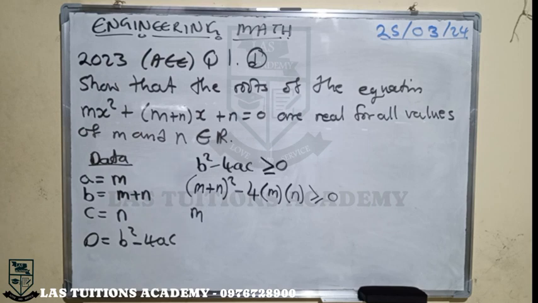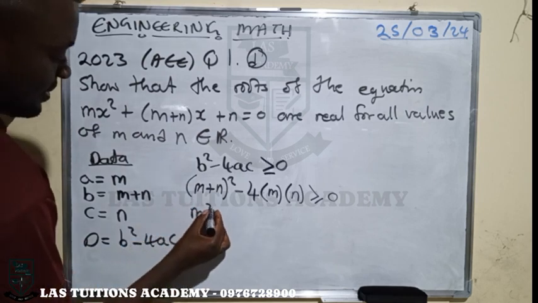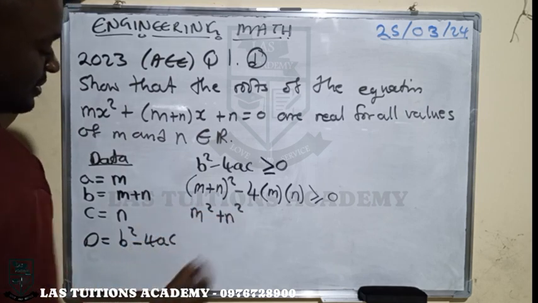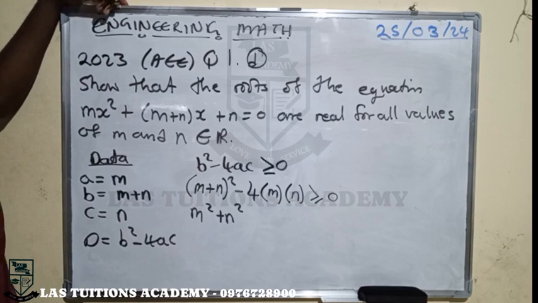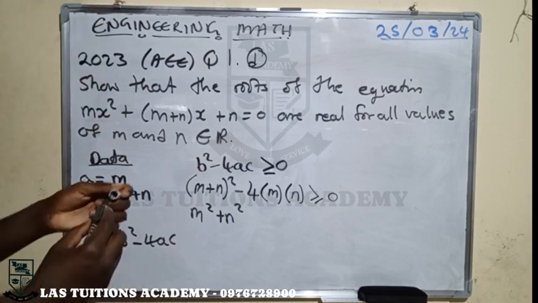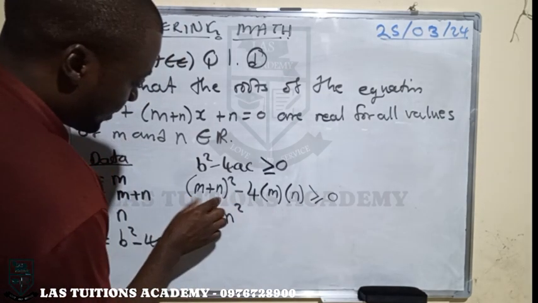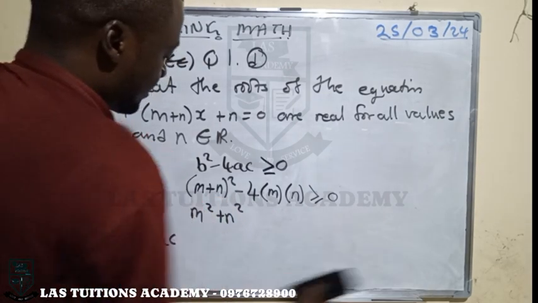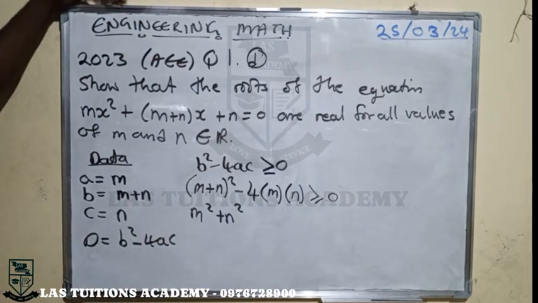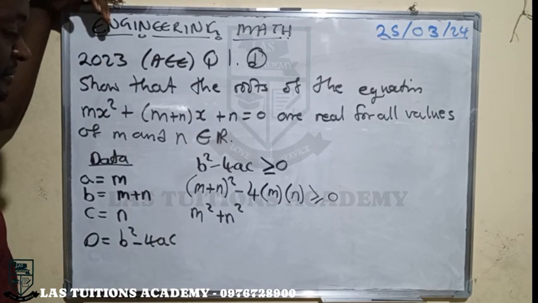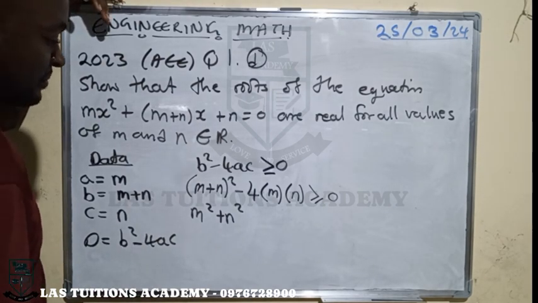M squared plus n squared. Take away 4mn. No, just this. What do you get? That's not true for this expansion here, Brandon. Oh, I thought I was continuing with the negative 4. No, we need to expand this.